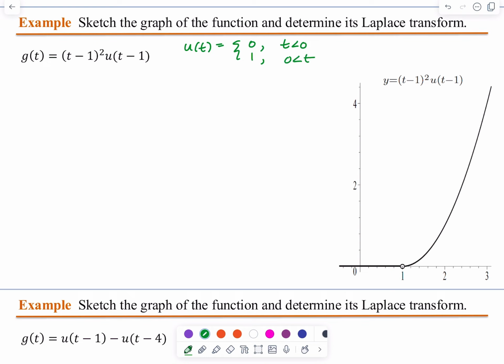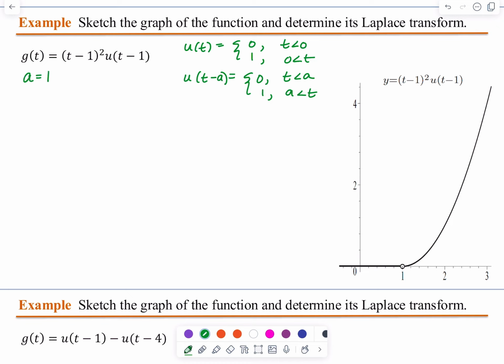And then we have u of t minus a, and we have 0 when t is less than a, and 1 when a is less than t. We will first identify our value of a, and a is equal to 1.